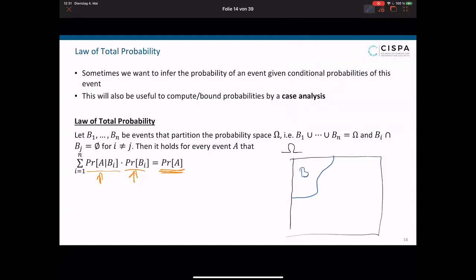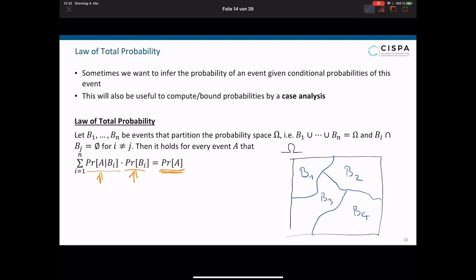basically we can partition our space omega into these, let's say, B1, B2, B3, and B4, right? That's what it means that they're disjoint. There's no overlap between them. So we have a partition. Oh, sorry, this is B1.